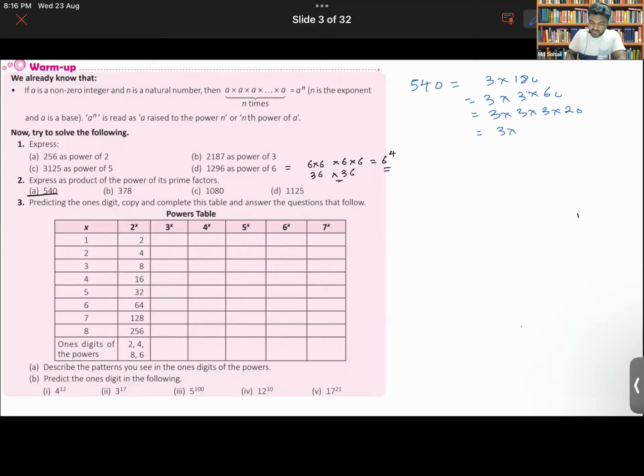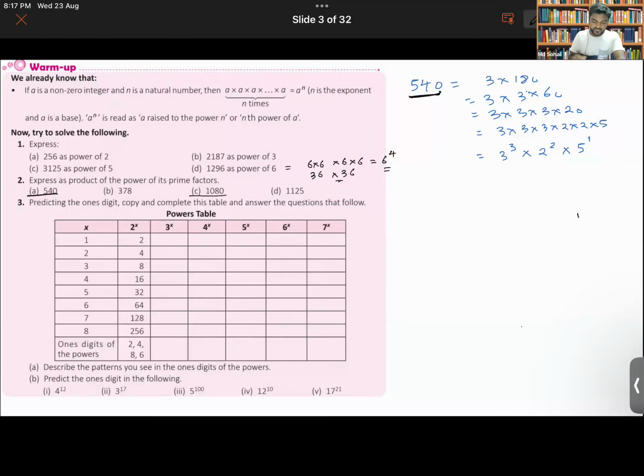Like this you can break it. Right, so you are getting 3 raised to the power 3 multiplied by 2 raised to the power 2 multiplied by 5 raised to the power 1 here. So 540 we have represented as the product of its prime factors. Likewise, you can solve the other ones also.